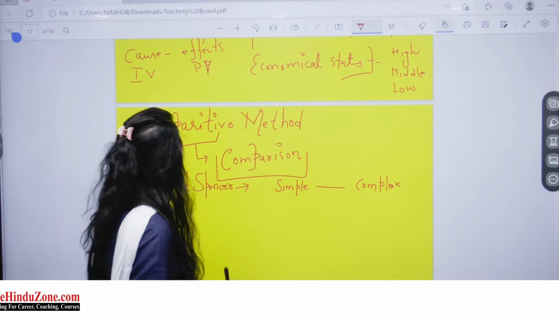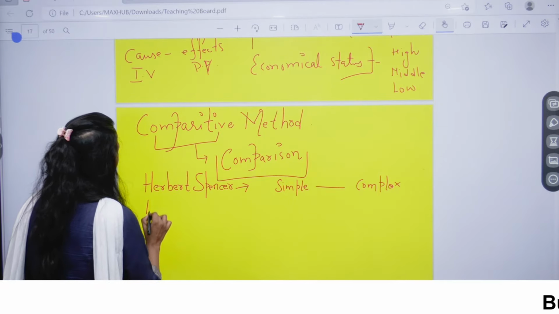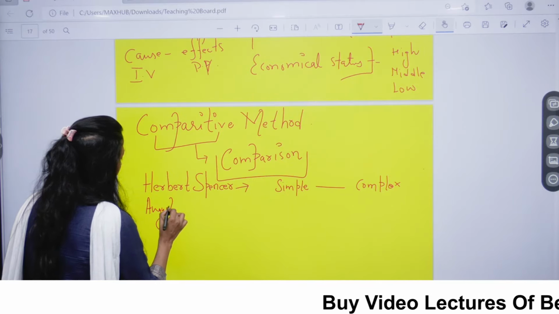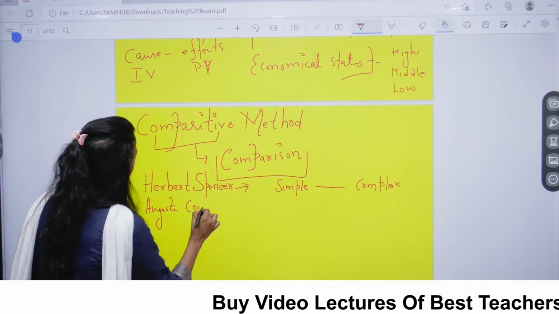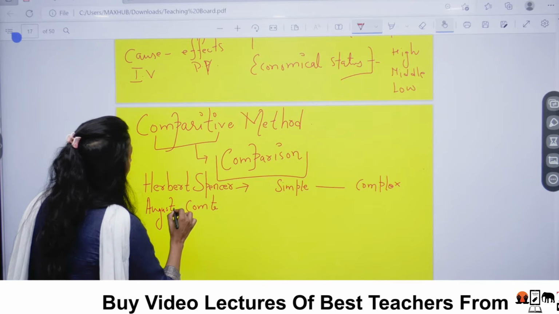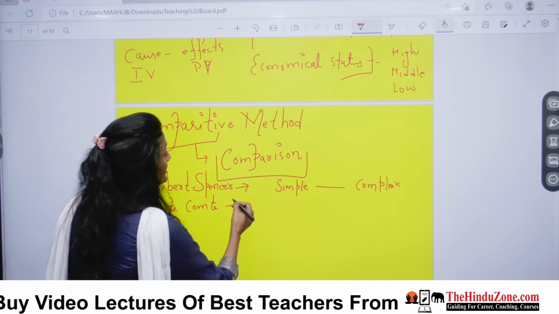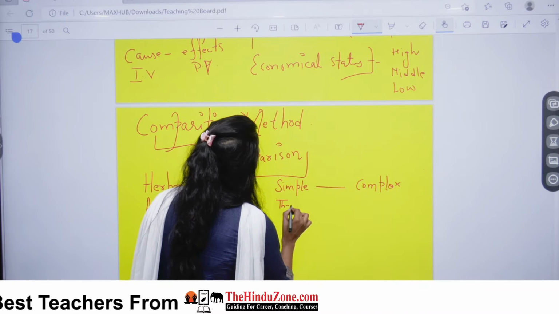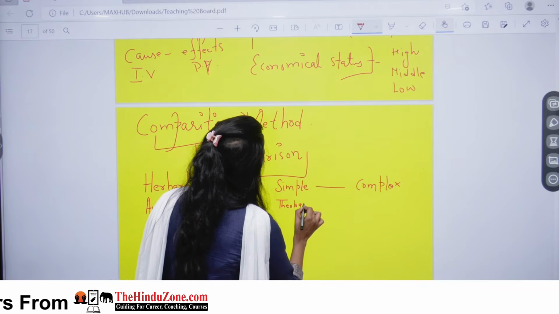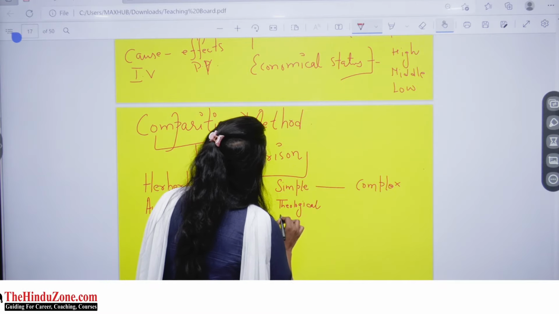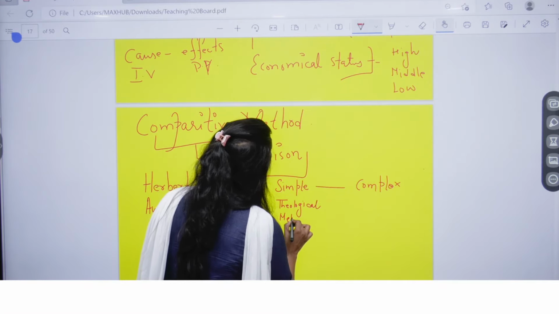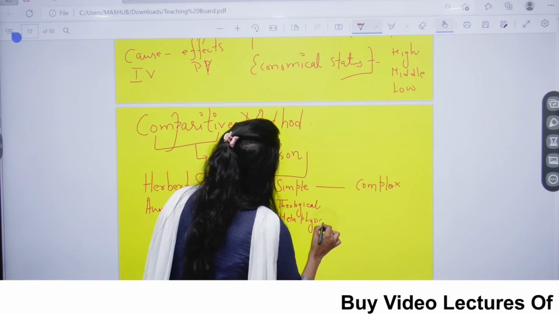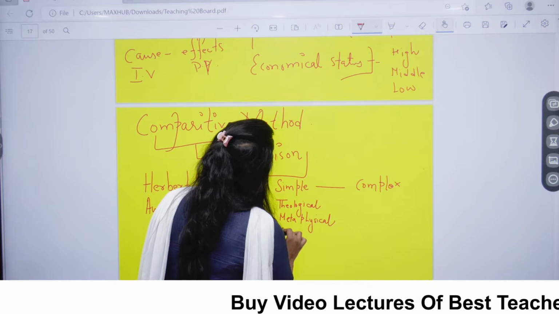Right? Auguste Comte is also talking about different stages of society: theological, metaphysical, and positivist.